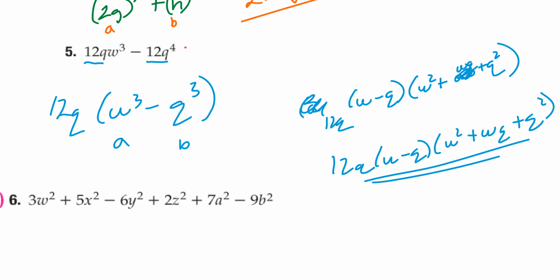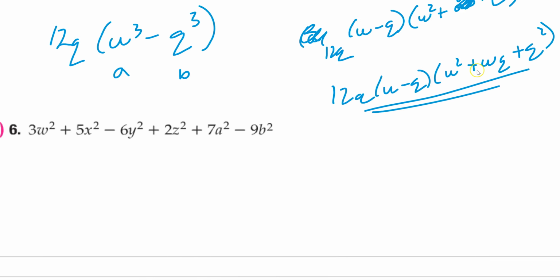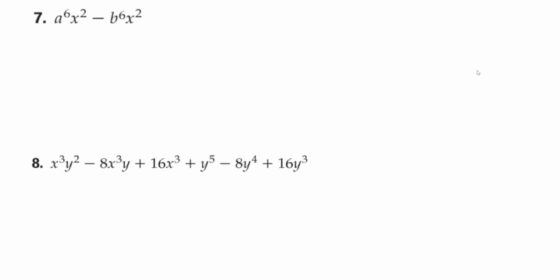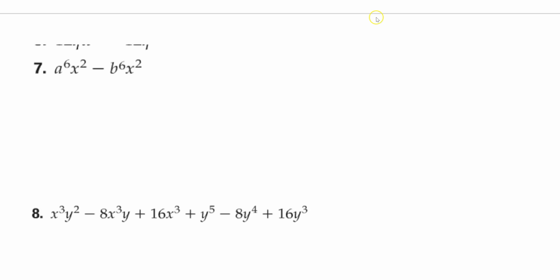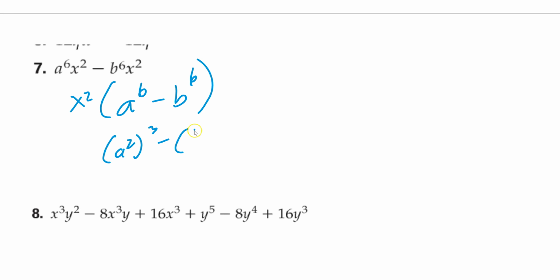Look at that. It's another factor by grouping. We're going to skip that one because we did a lot of these. It's a lot of factoring ones. We're not going to do all of these. This would have an x squared in common. We'll factor out x squared. This would be a to the 6th minus b to the 6th. And that actually is a cube. This is the same thing as saying a squared cubed minus b squared cubed.